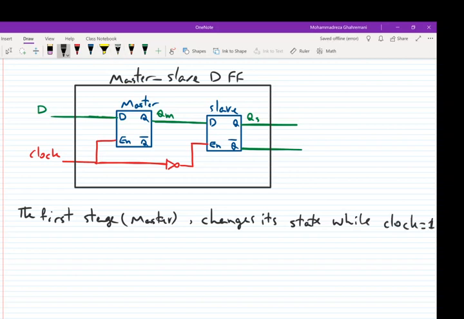Look here, we see that as long as the clock is 1, the enable is active, so the master changes its state as long as the clock is 1. But when the clock is 1, we see that the enable of the slave is deactivated. So also we can say the second stage, which we call the slave, changes its state while the clock is equal to 0.